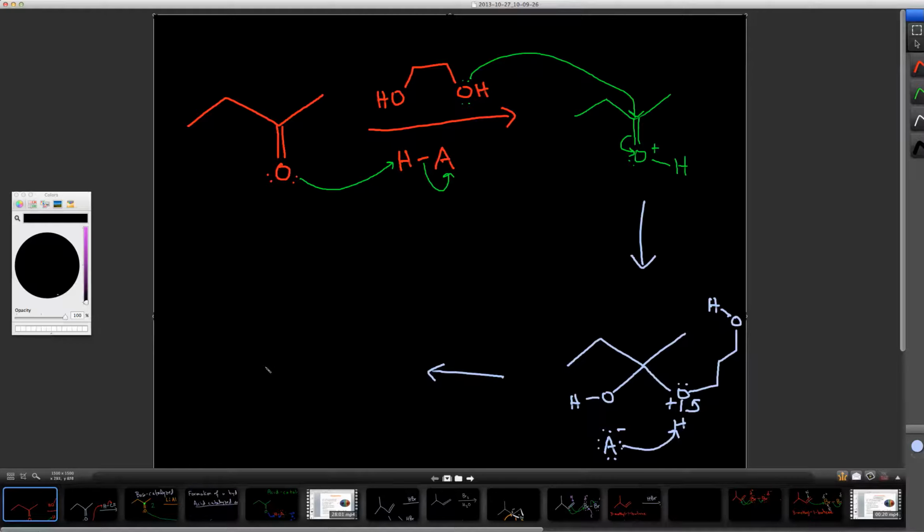At this point, the carbon that used to be a carbonyl is now an alcohol, but it is also an ether. Carbon, oxygen, carbon. Carbon, oxygen, hydrogen.